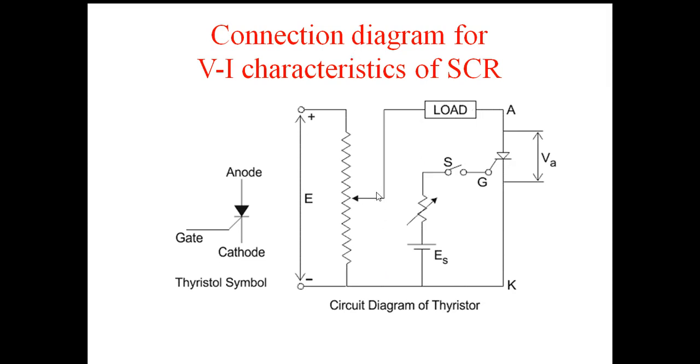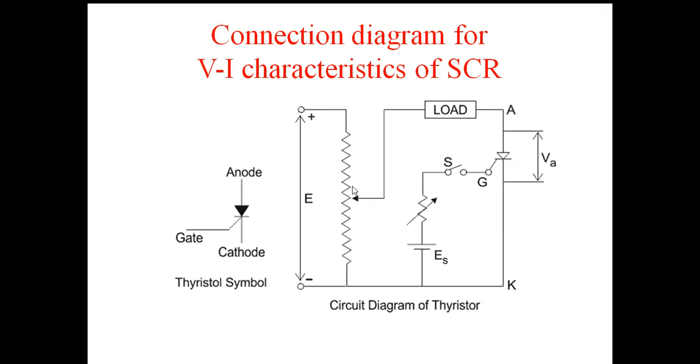We have a tapping, and whenever we change the tapping, the voltage applied across the SCR changes. Similarly, we have one more supply across the gate circuit of the SCR. This is the symbolic representation of the SCR.